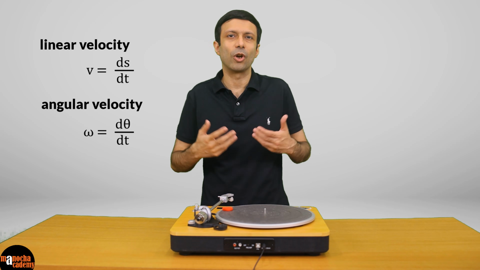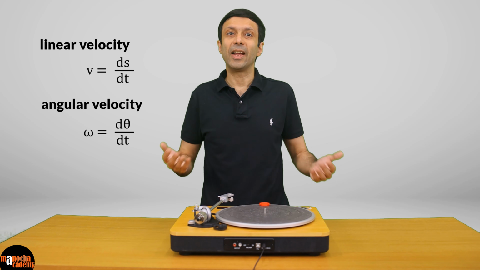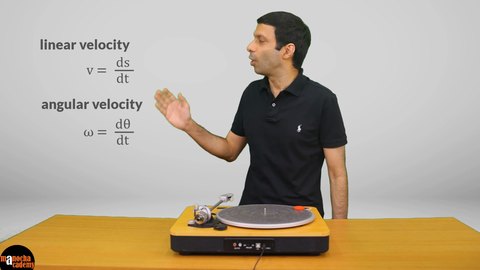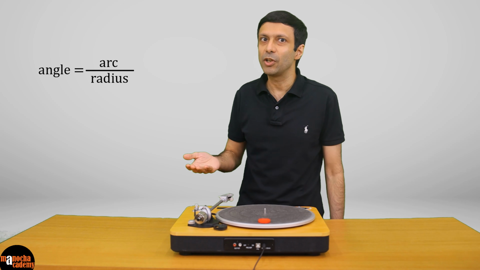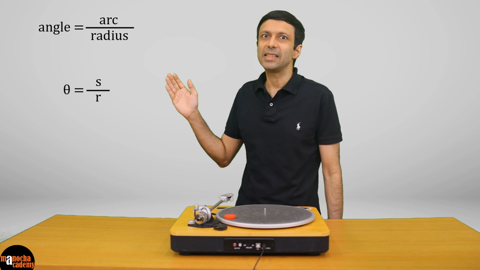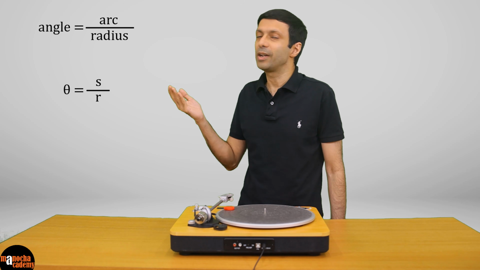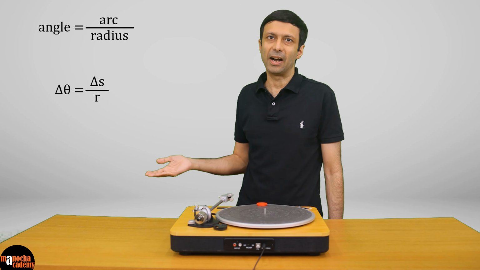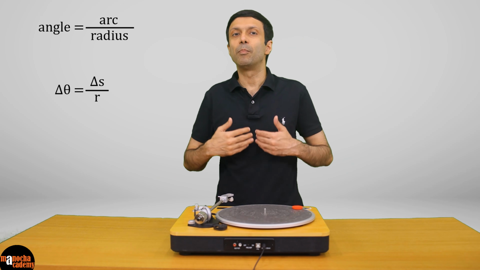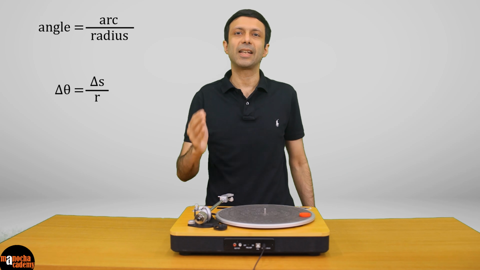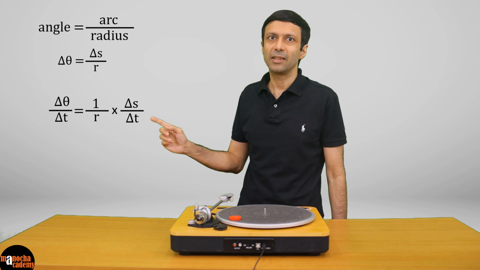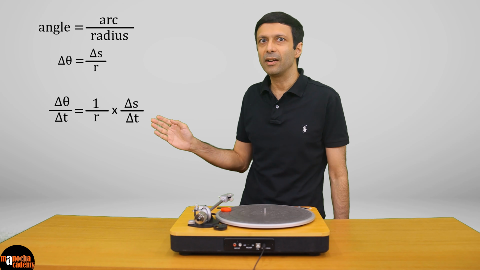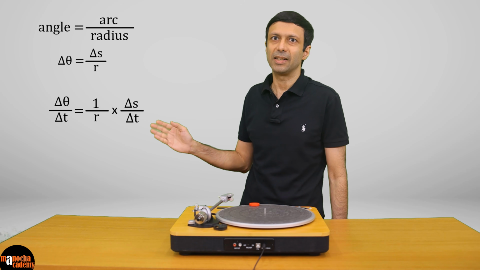Now how are these two velocities related? To derive the relation, let's start with the formula angle equal to arc by radius. Remember, we talked about it, that theta is s divided by r, or delta theta is delta s by r. Now if we divide both sides of this equation by the time delta t, we get delta theta by delta t equal to 1 by r times delta s by delta t.